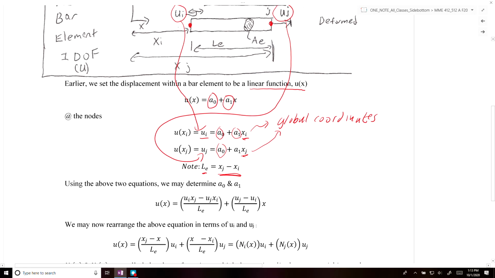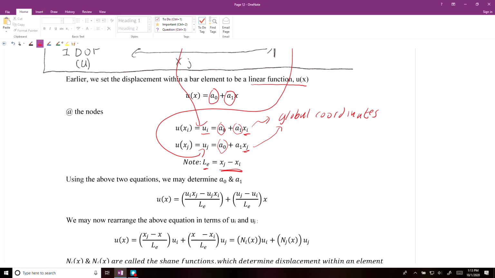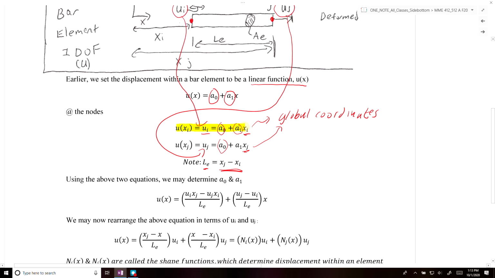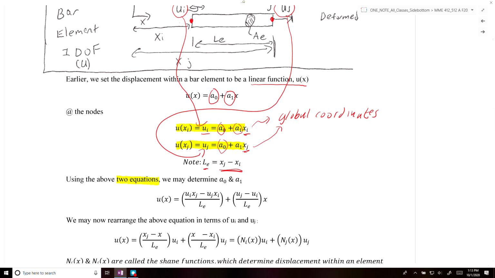Using these two equations, we can rearrange them to solve for our two unknown constants, a naught and a1. If we plug in what we get for a naught and a1, we end up getting this equation for u of x.